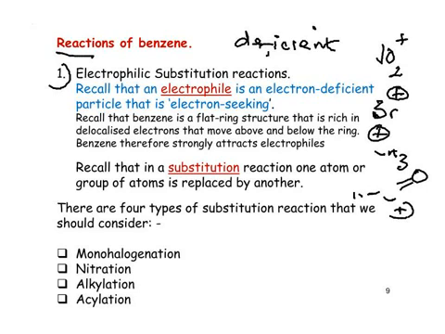Electrophiles are, in general, harder to prepare than nucleophiles, but electrophiles will attack what is a very electron-rich species, the benzene ring. In contrast, a nucleophile like Cl- or indeed NH3, these are nucleophiles.